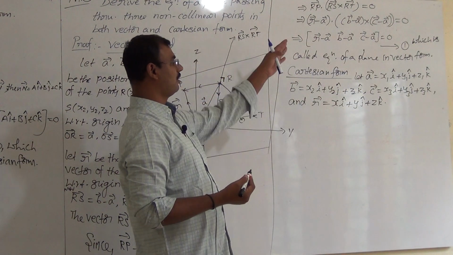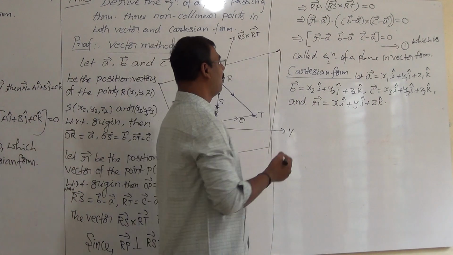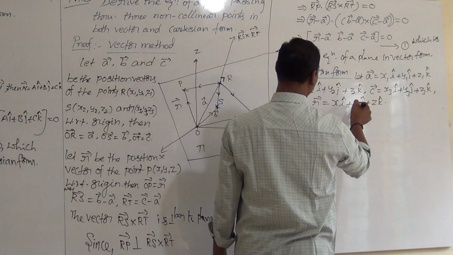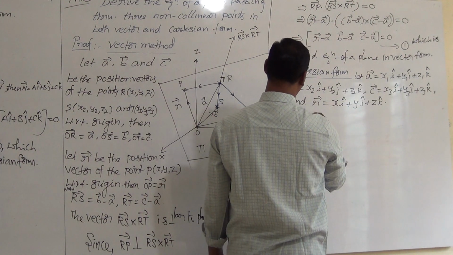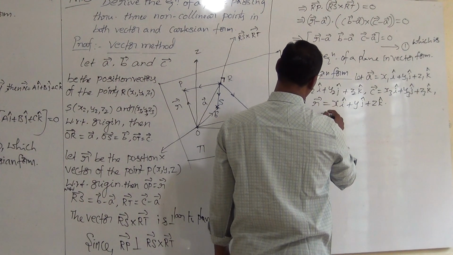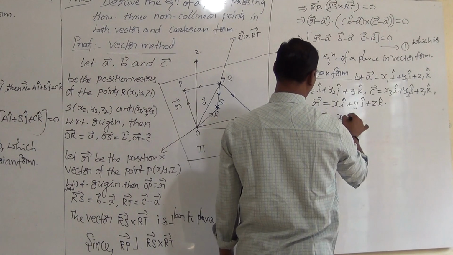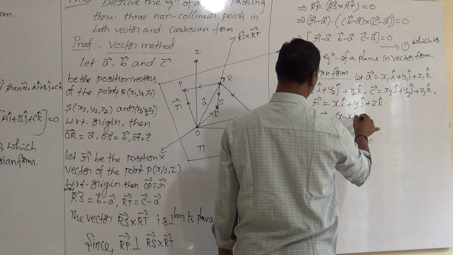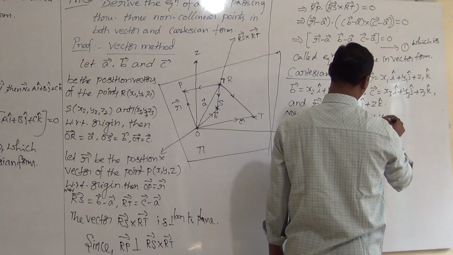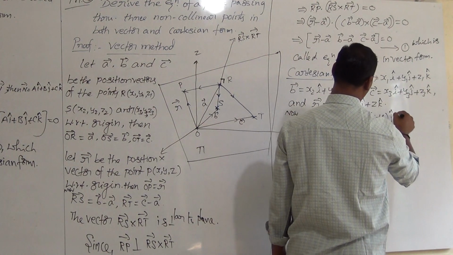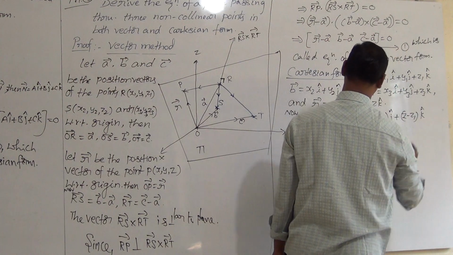Substitute all these values in equation 1, or before that, firstly calculate R bar minus A bar. R bar minus A bar is equal to x minus x1 into i plus y minus y1 into j plus z minus z1 into k.